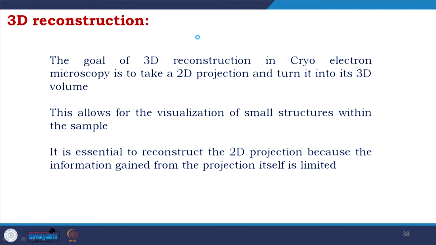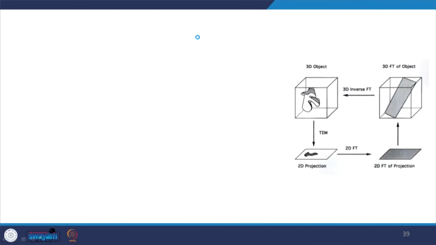It is essential to reconstruct from the 2D projections because the information gained from a projection itself is limited. So, the projection you get towards 3D is limited. So, you need to reconstruct it. So, this is what we perform.